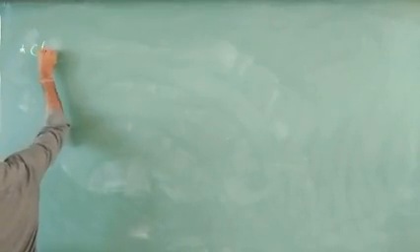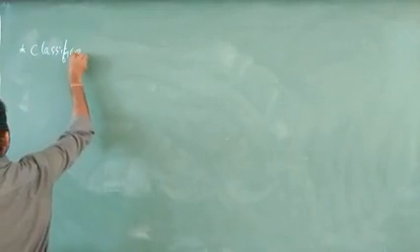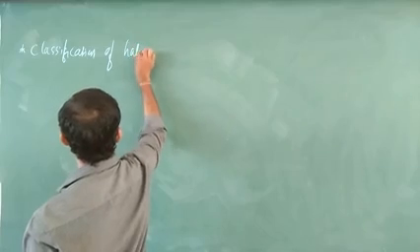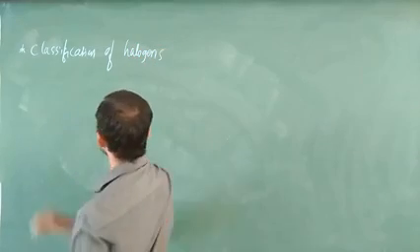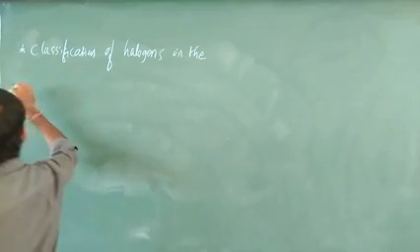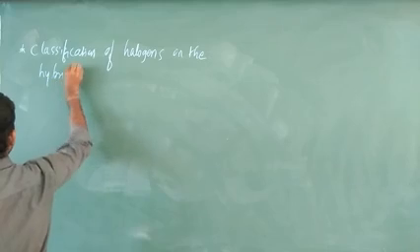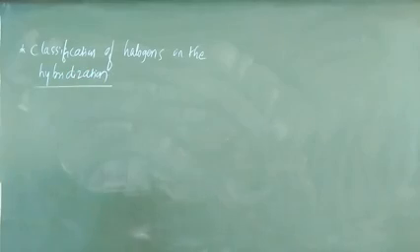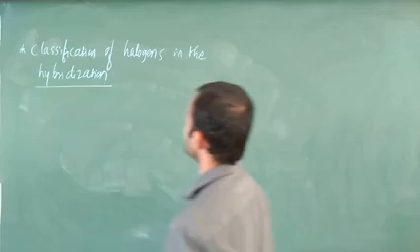Simple. Heading is classification of halogens on the basis of hybridization.